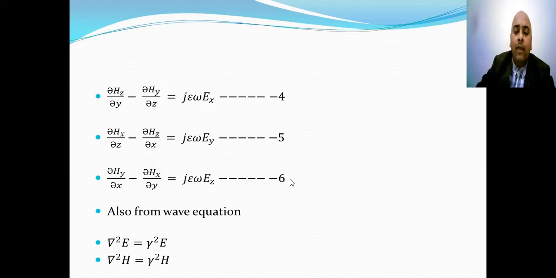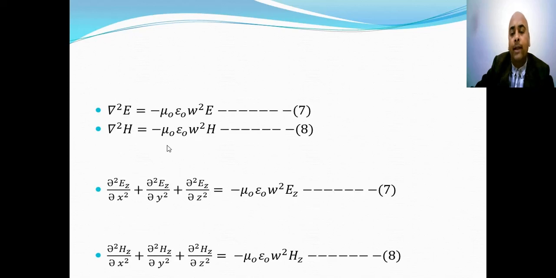Also from the wave equation for free space we have del square E is equal to gamma square into E, and similarly for the H field we have del square H is equal to gamma square into H, where gamma is the propagation constant.